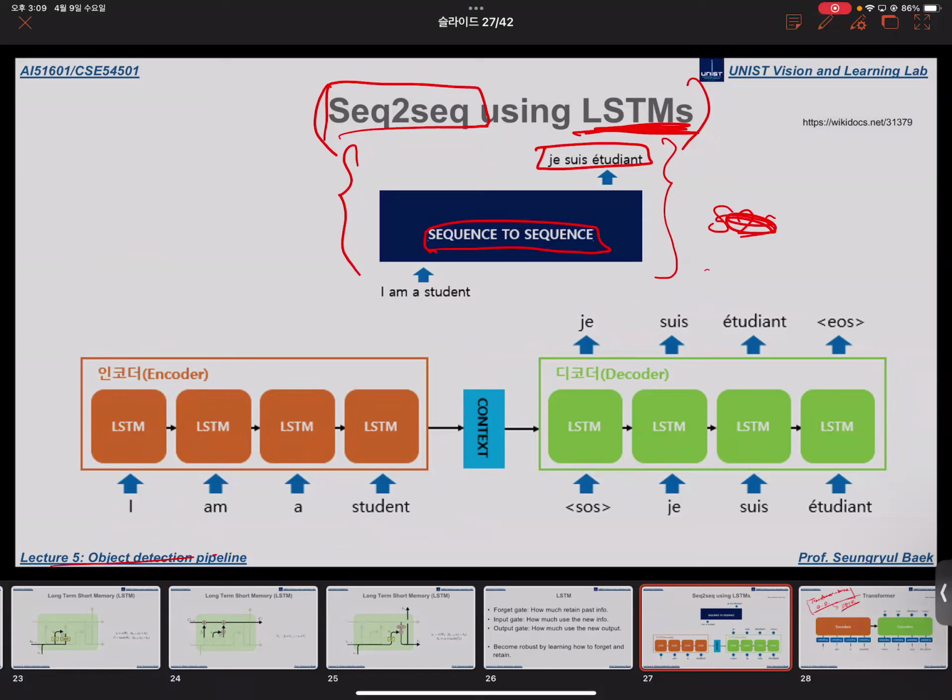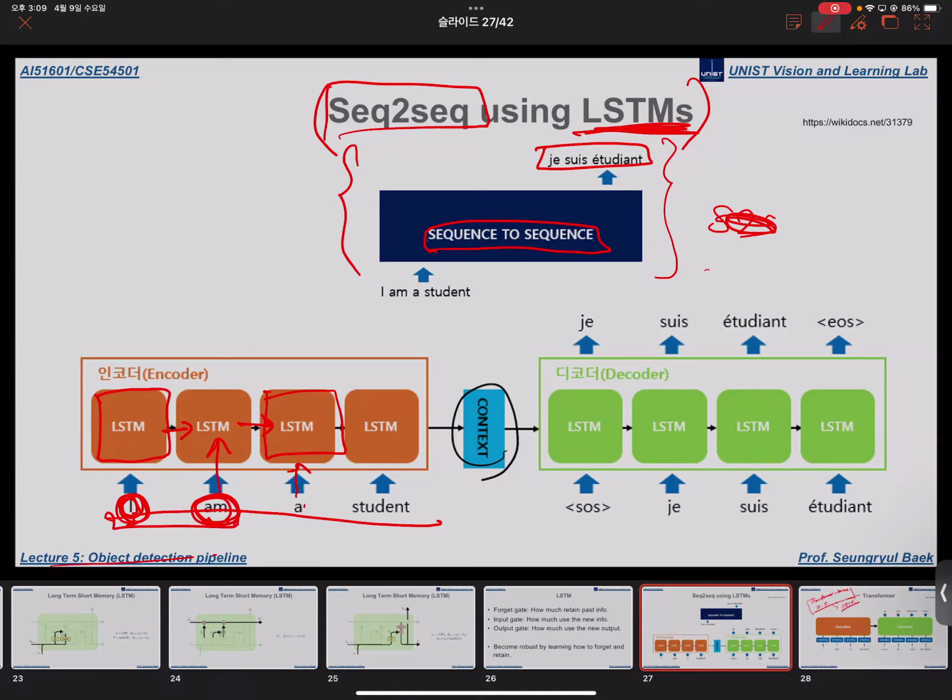In the encoder, we want to generate a feature from the overall input sequence. The word "I" first goes into the first LSTM, and then it transmits a vector that encodes the features for the word "I", combines it with the next word, and again transmits the first two words' information to the subsequent LSTM.